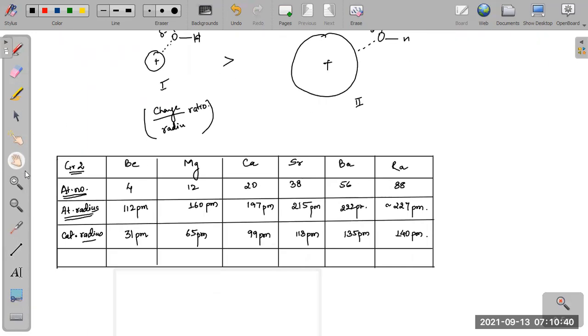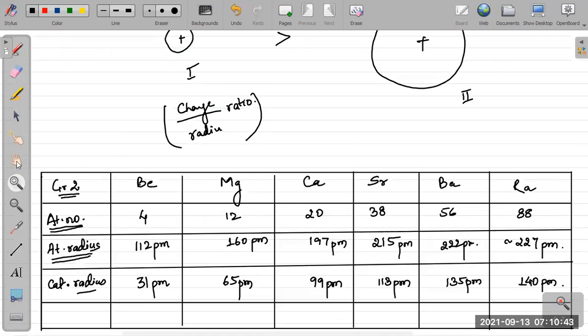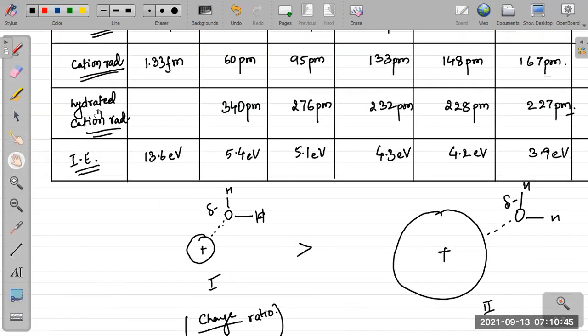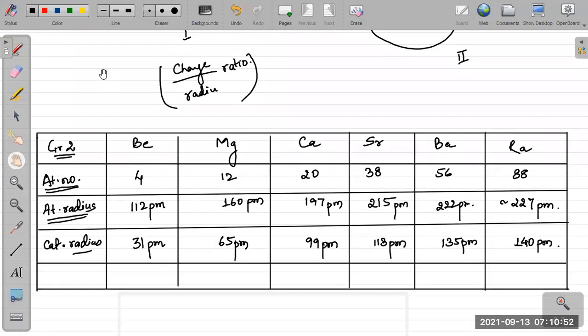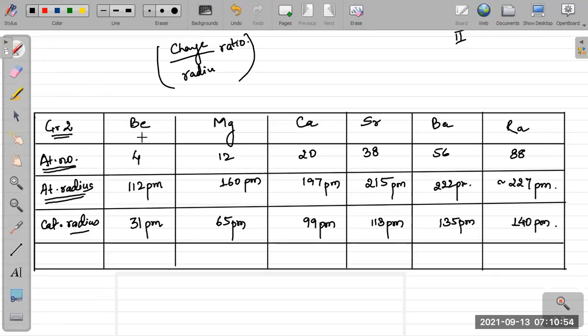Here is a small piece of information: the exact value of hydrated cation radii is not available, nor is ionization energy, but they are not very relevant as well. See, beryllium, magnesium, calcium, strontium, barium and radium will have two ionization energies, 1 and 2. The trend of ionization energy 1 is obviously going to be decreasing down the group.